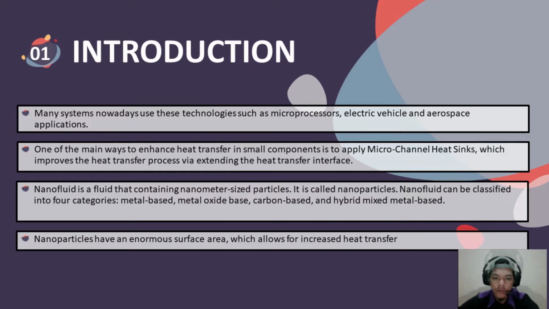Nanofluid is a fluid that contains nano-sized particles, called nanoparticles. Nanofluid can be classified into four categories: first is metal base, second is metal oxide base, third is carbon base, and lastly hybrid mixed metal base. Nanoparticles have a large surface area which allows increased heat transfer.